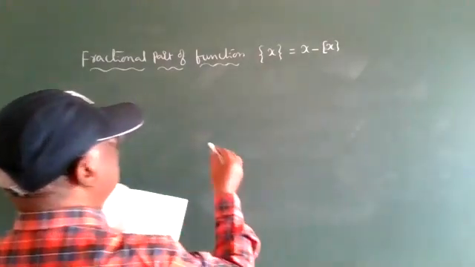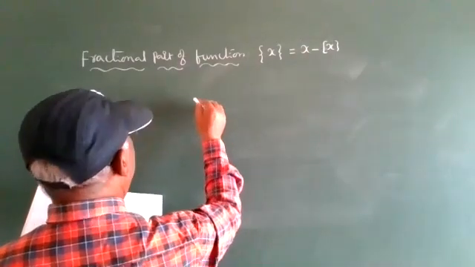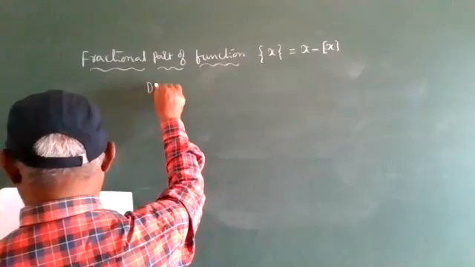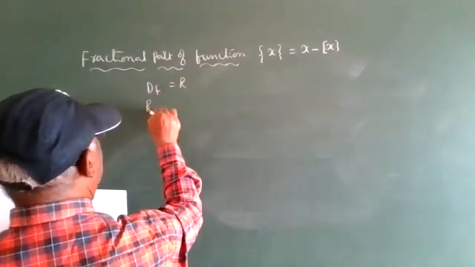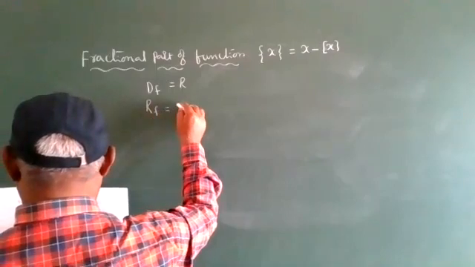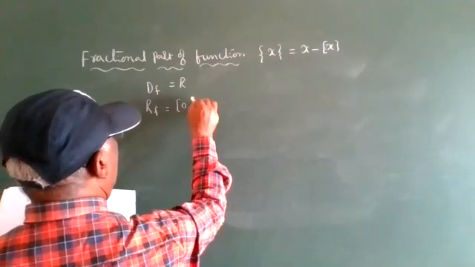So what is the fractional part of x? The domain of this function is all the real numbers. The range of this function lies between 0 and 1, with 1 not included.